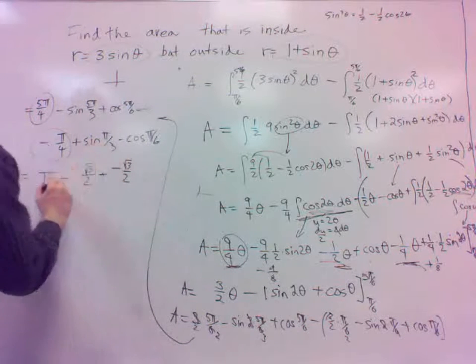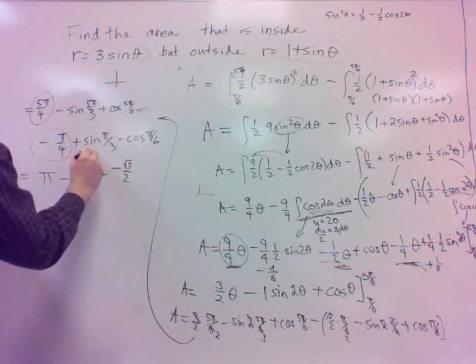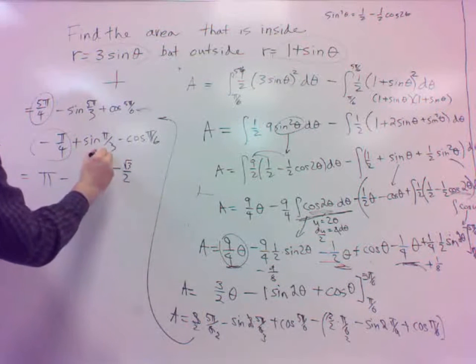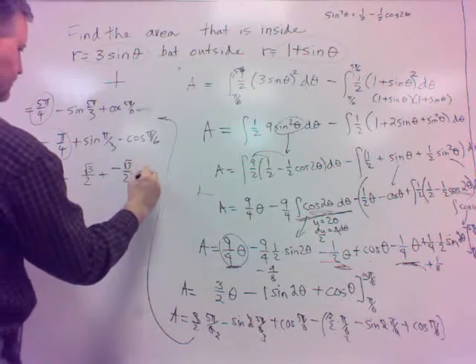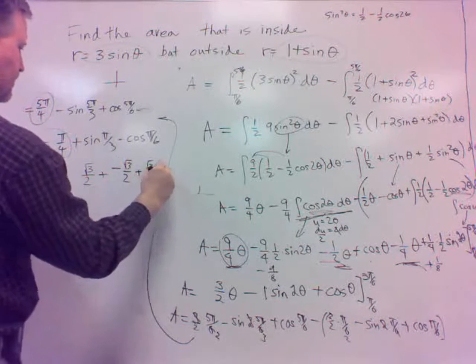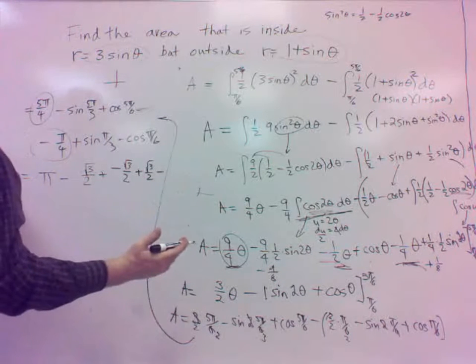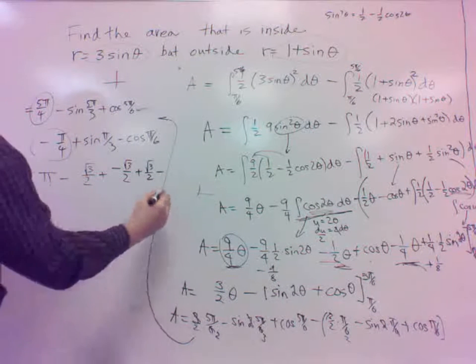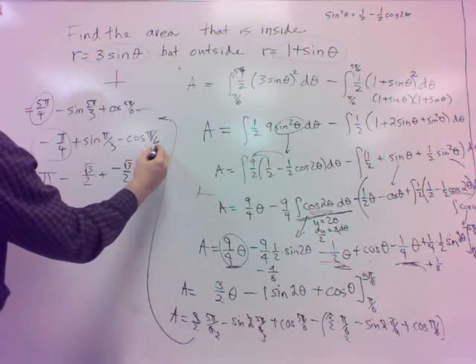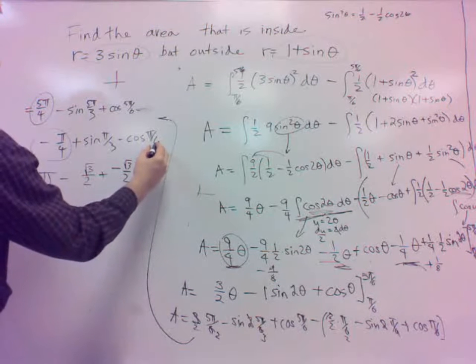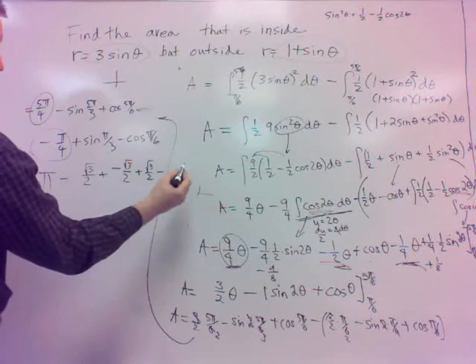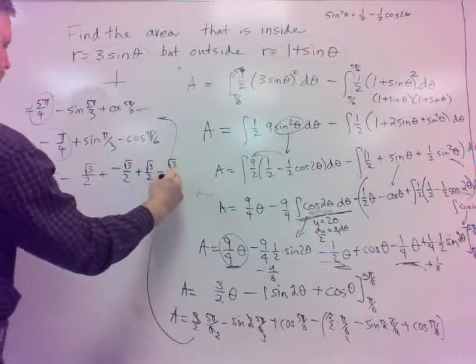All right, and then sine of pi over 3, so that's sine of 60, square root of 3 over 2. And then minus cosine of pi over 6, it's cosine of 30, which is square root of 3 over 2.